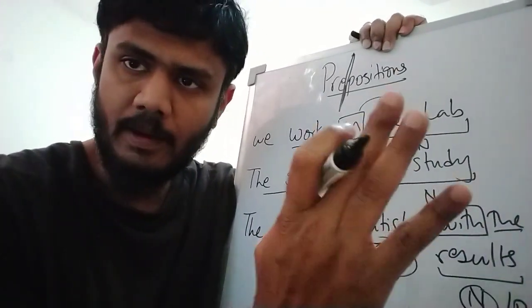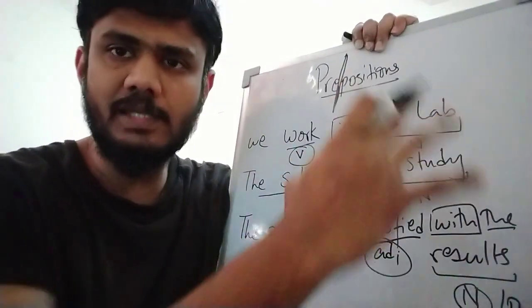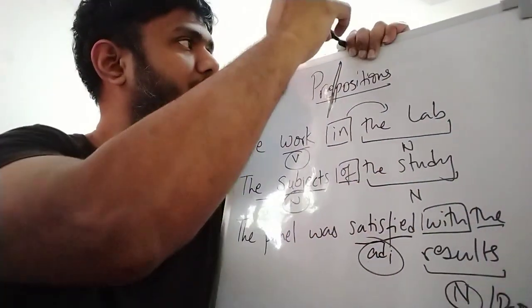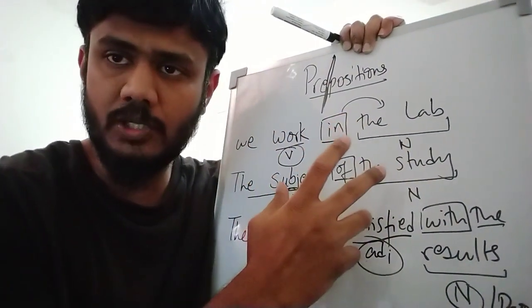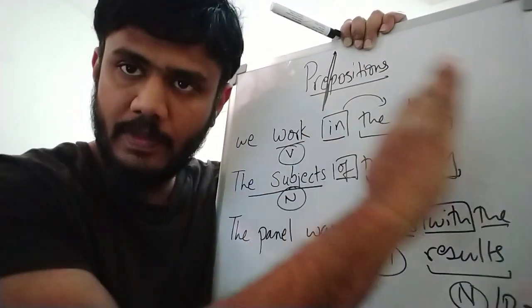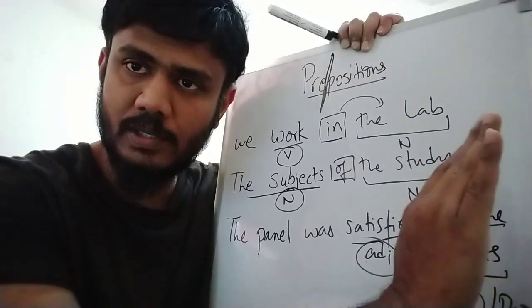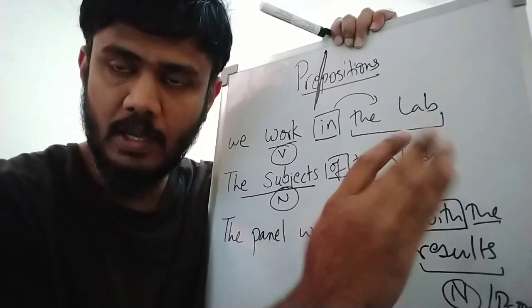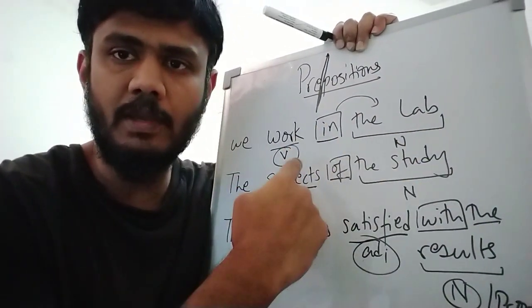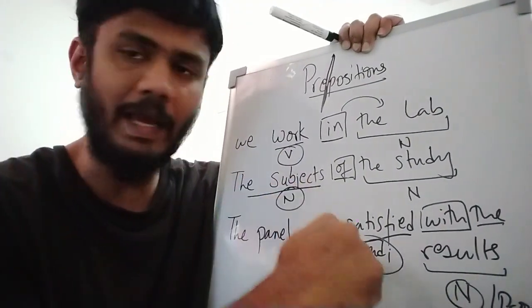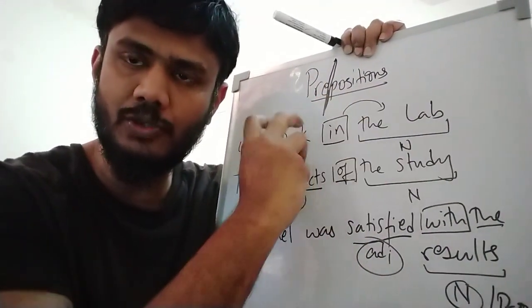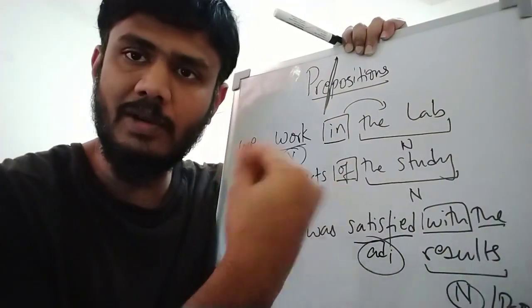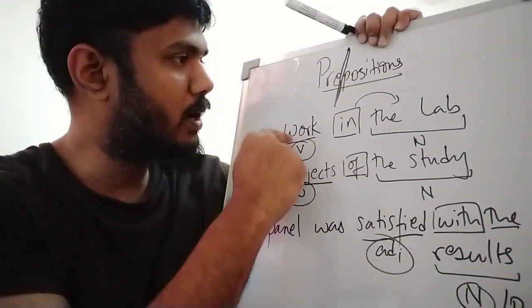So this is essentially what prepositions do. They connect two parts of speech. One of them has to be a noun. The one that follows the preposition always has to be a noun. The one that comes before the preposition can be a verb or a noun or an adjective. And so what does the preposition do? The preposition connects these two, and then it establishes a relationship between the two. So we work in the lab.